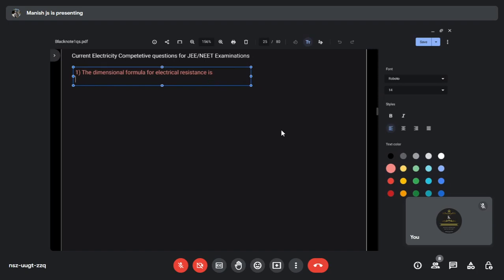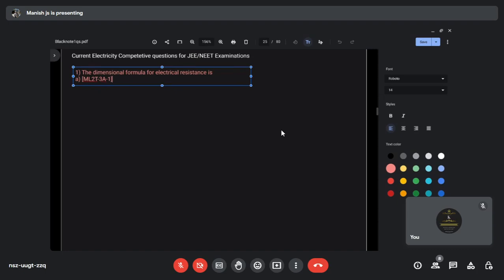So you have your options. Now we'll copy options on there. The first option A is M L square T to the power minus 3 and A to the power minus 1. So everything is raised to the power.